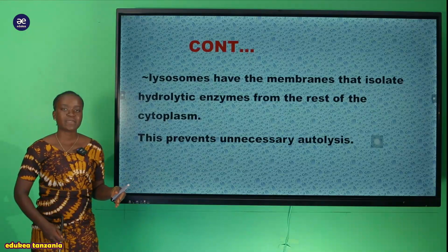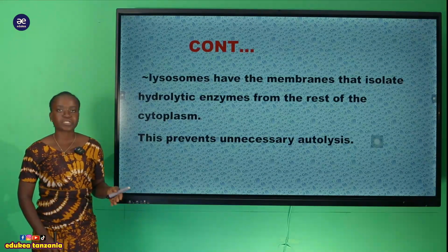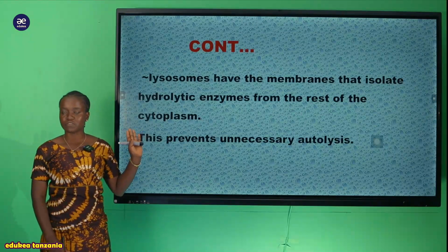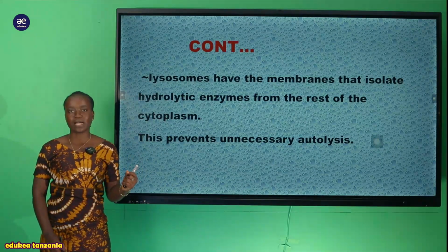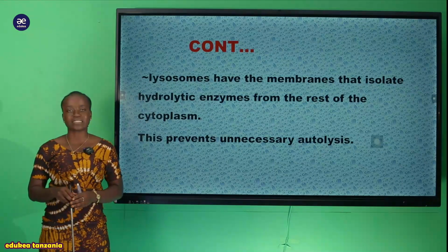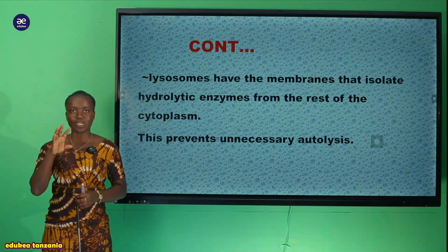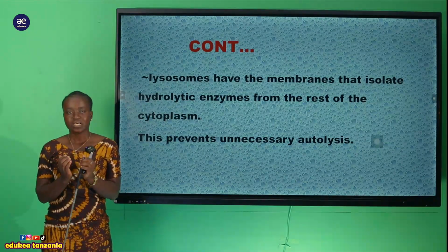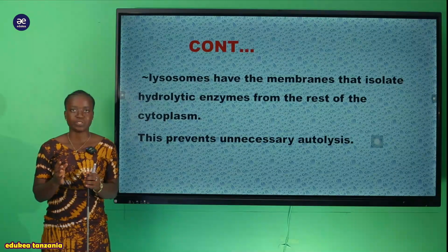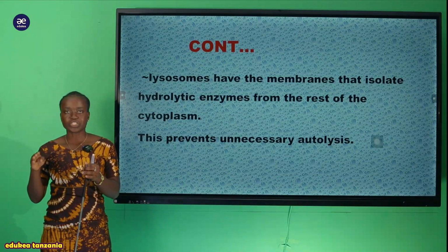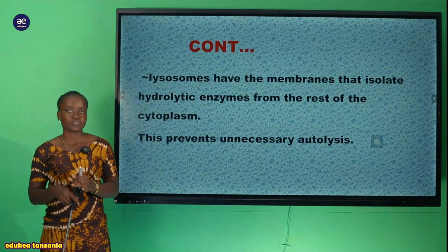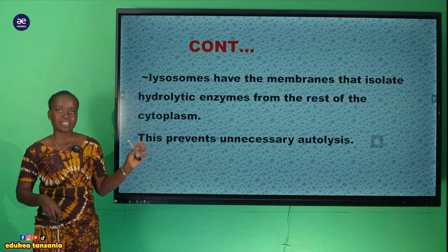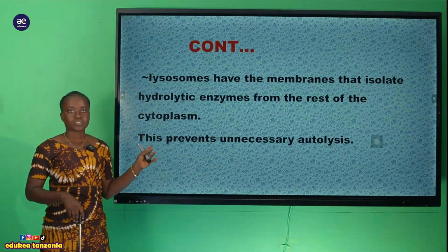Autolysis cannot occur just because of the presence of the membrane, which we can call the cellular membrane. This is what prevents the enzymes from bursting out. So my student, those are the adaptations. There are a few of them.